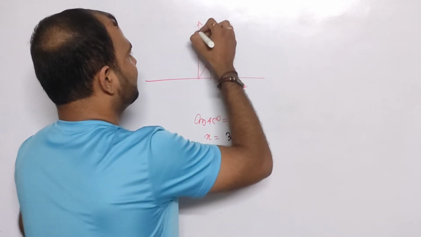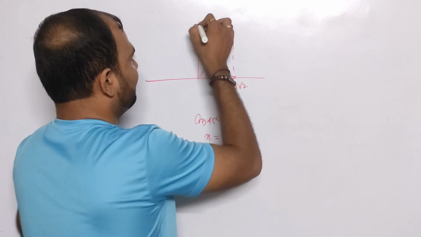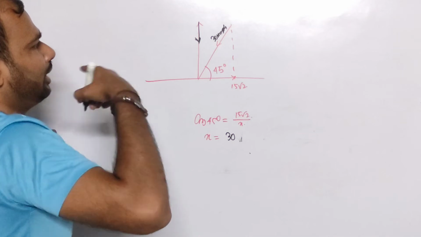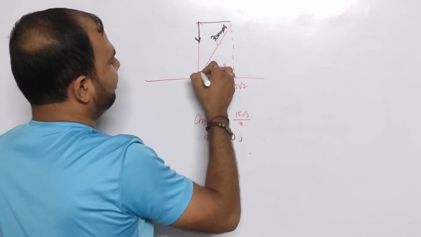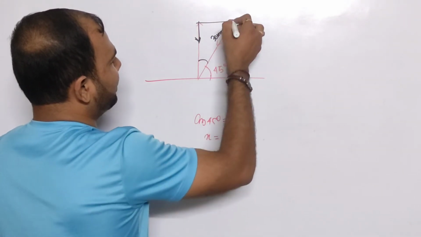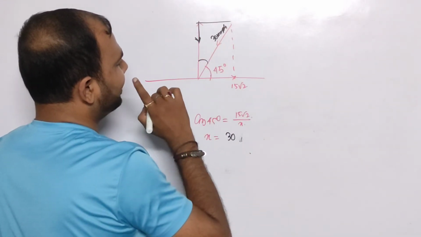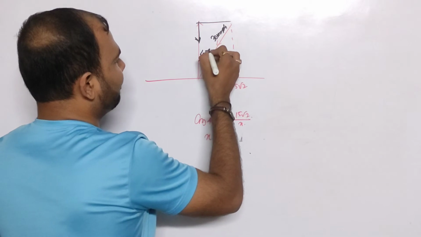But they have asked, when she runs, the rain comes perpendicular to the head. So if this is 45, this is also 45. Perpendicular base by hypotenuse, again we can find cos theta.